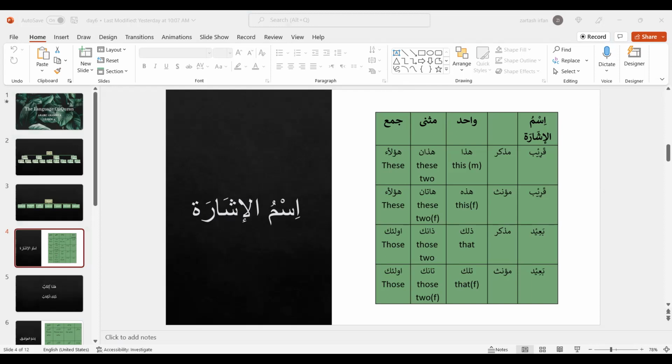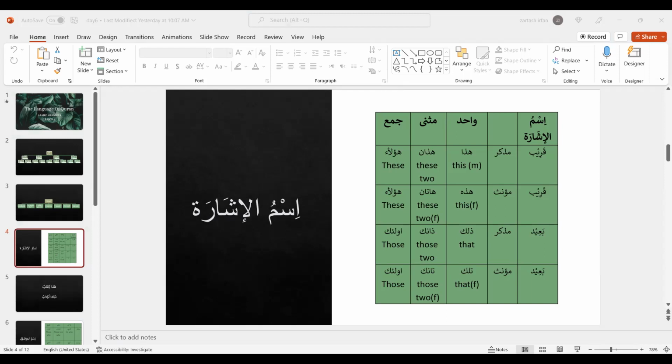Ulaika, those all. For Monas, Tilka, that. Tanika, those two feminine objects, and Ulaika, those all. So this is the complete chart for Ismul Ishara, the pointing words in Arabic.